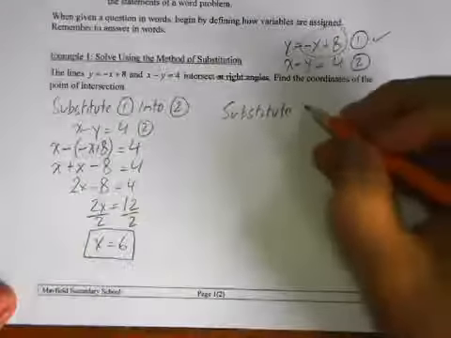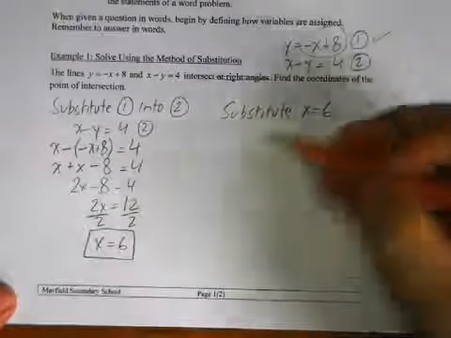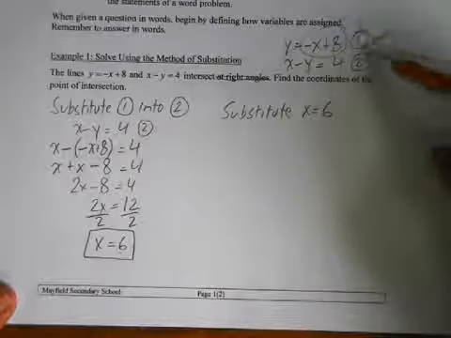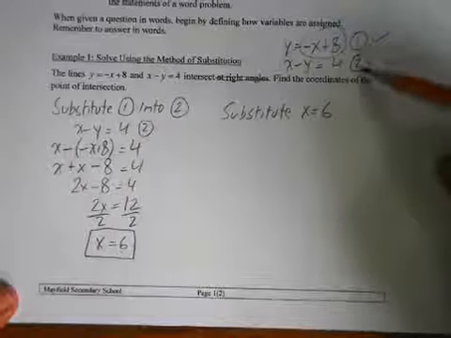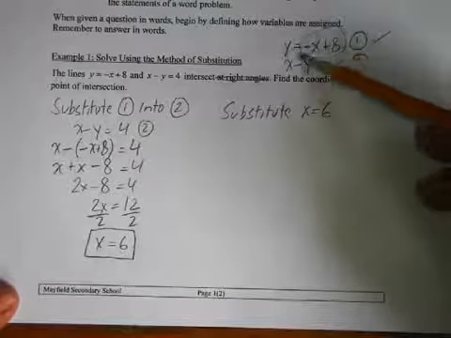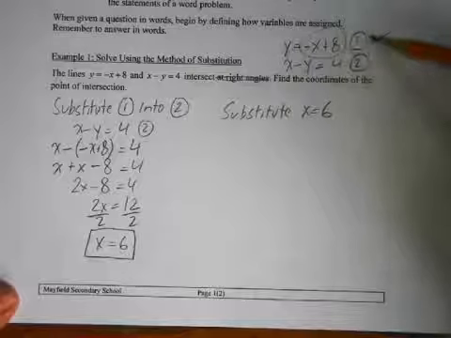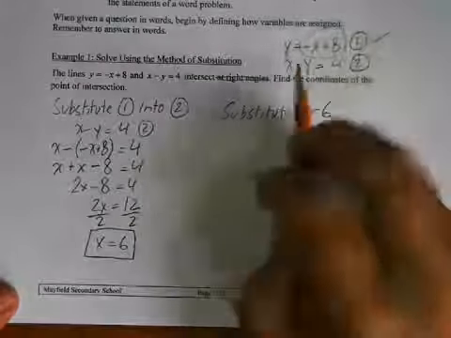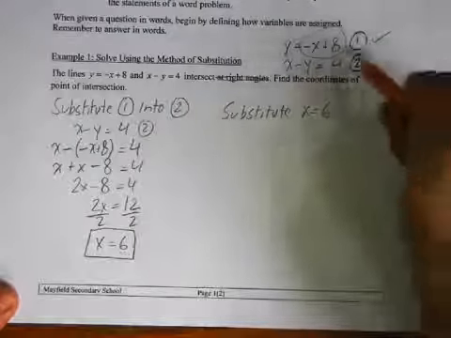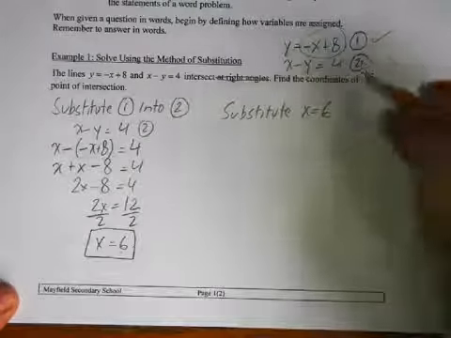We can plug it into either one of these original equations, whichever one looks easier to work with. The fact that we're trying to find y should tell you that equation 1 would be the best, because it tells us what y is right off the bat, whereas this one we'd have to rearrange a little to get y.